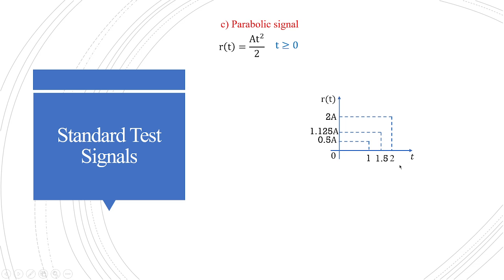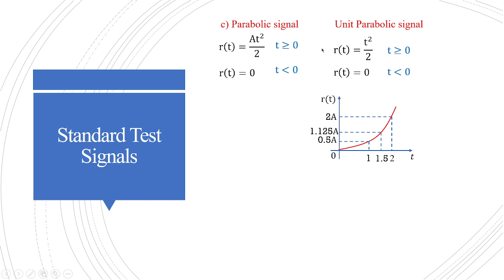Similarly, if I take t equal to 2, I get the value of R of t as 2A. When I plot this graph, it would be in this fashion. So the parabolic signal resembles this kind of waveform. R of t is equal to 0 for t less than 0. If you replace A with 1, it becomes a unit parabolic signal.